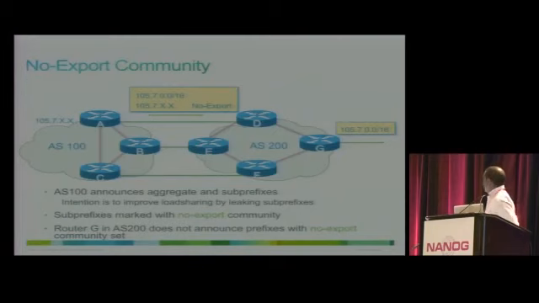To do that, it advertises the top one, the aggregate, without the no export community, but the more specific prefixes are advertised with no export. So when AS200 receives them, it will use them internally within AS200, but it will not advertise them to any other autonomous system, to any other eBGP peer, because they have a no export community attribute. So that's a predefined value.